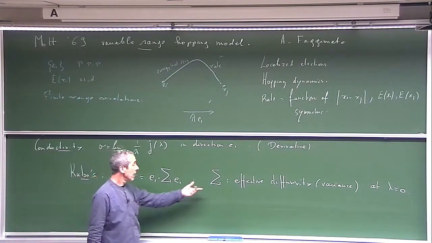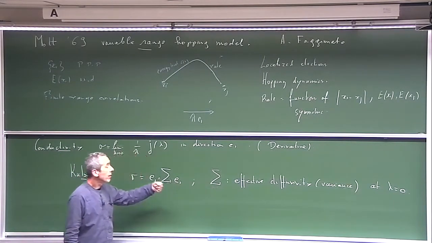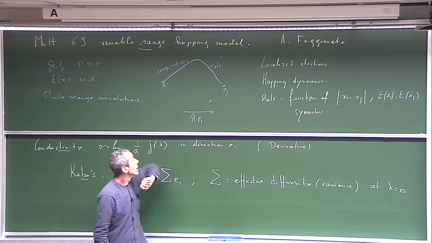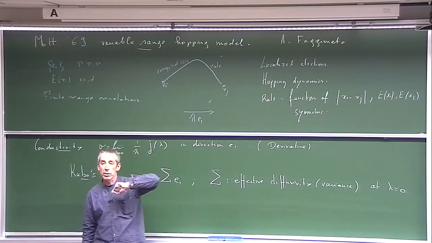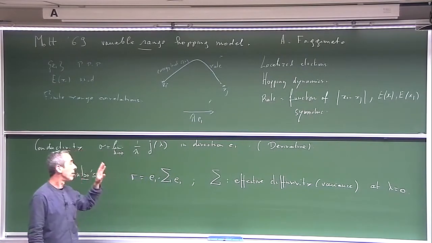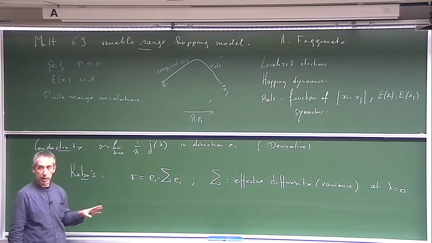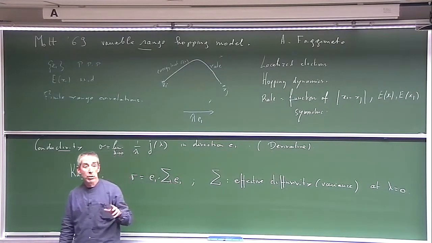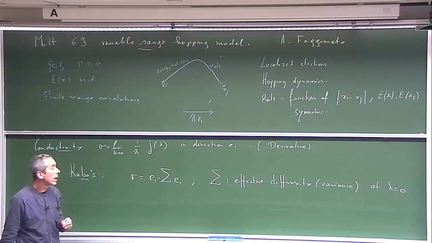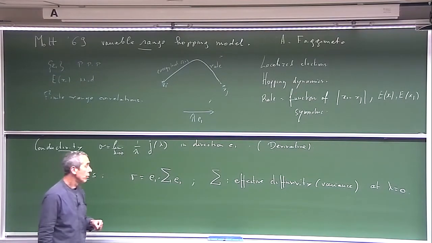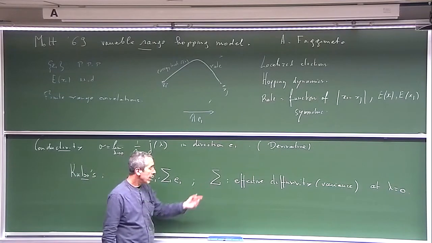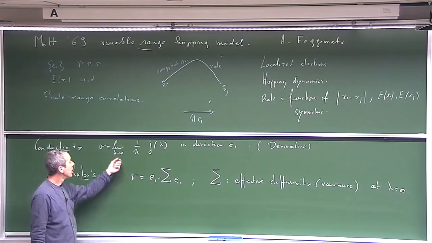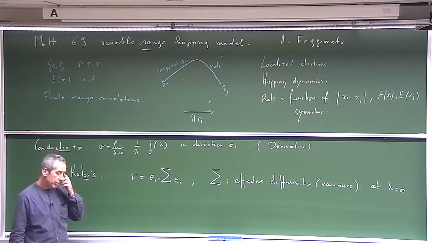First of all, it is defined directly at lambda equals 0, so you can ignore the external field and just look at the symmetric case. There are variational formulas for sigma, and it has an expression as a variance. There are many estimates, and many ways to sometimes compute, but usually estimate, this big sigma, which are much more effective than what we could do if we only had the other expression.